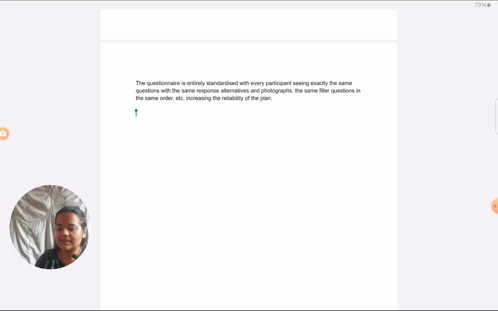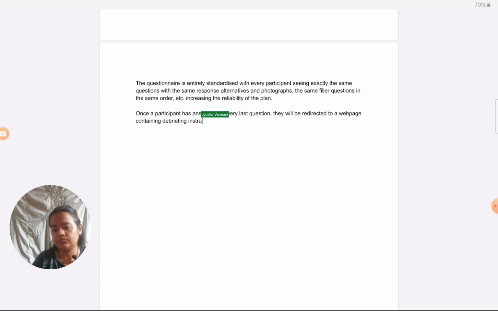So I would say that once a participant has answered the very last question, they will be redirected to a web page containing debriefing instructions. On this page, again make it relevant to the study.